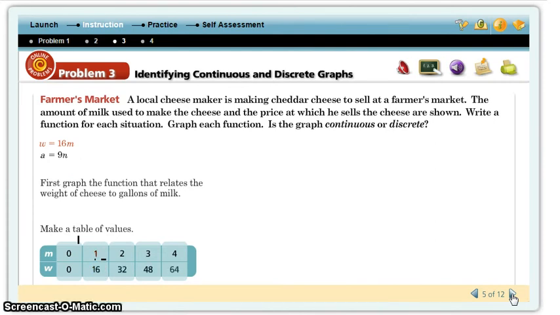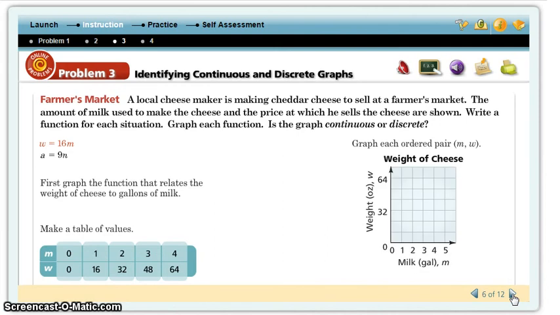Just plug in for M and solve for the weight. Now graph each ordered pair (M, W). Notice that they're just in the first quadrant because we're only dealing with positive values.